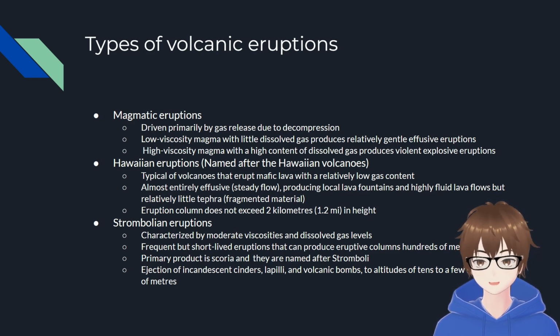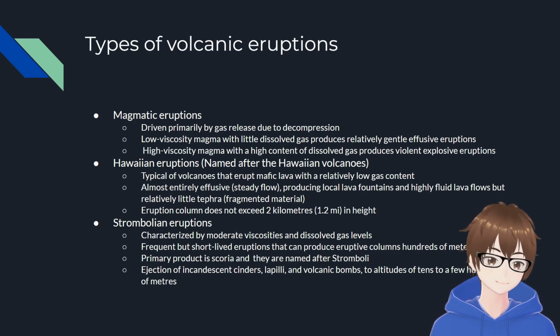Then we have the Hawaiian eruptions, which are named after the Hawaiian volcanoes. These are typical of volcanoes that erupt mafic lava with a relatively low gas content. Almost entirely effusive, or a steady flow, they produce local lava fountains and highly fluid lava that flows but has relatively little fragmented material.